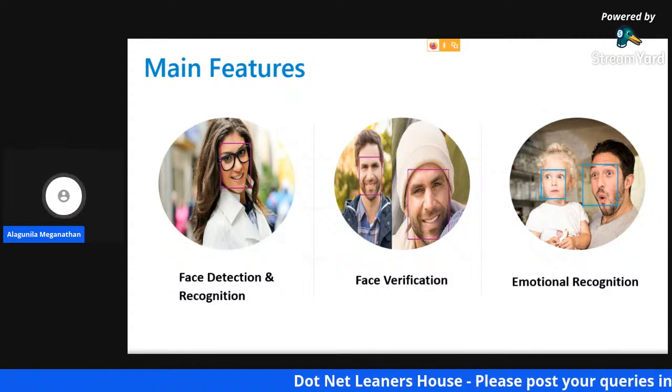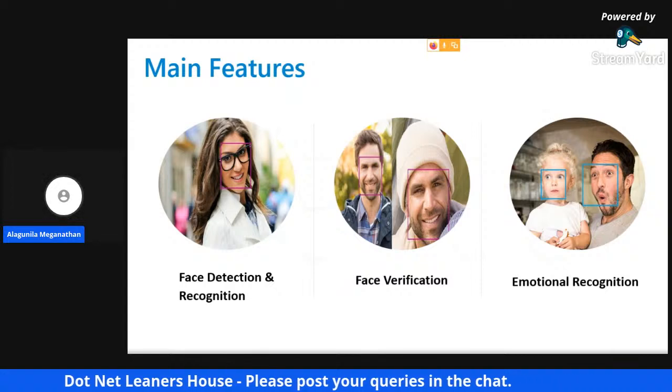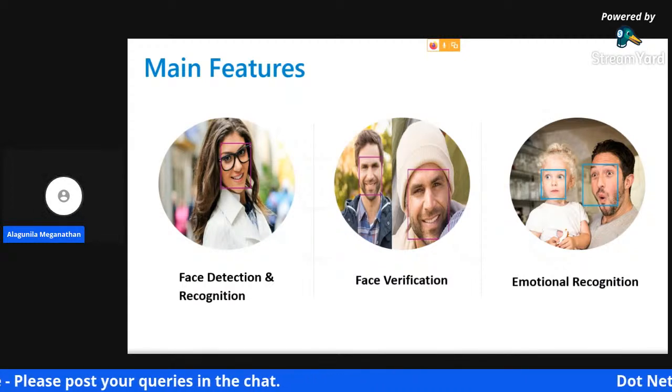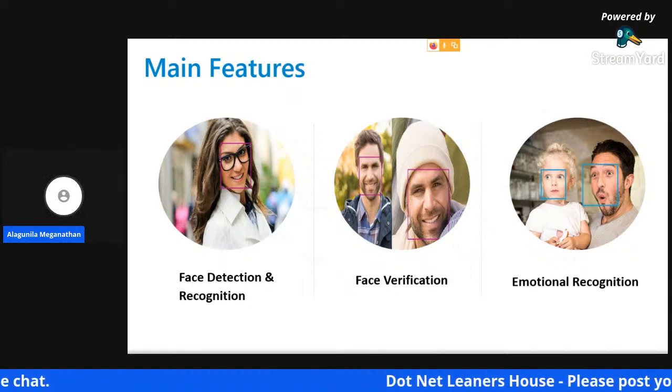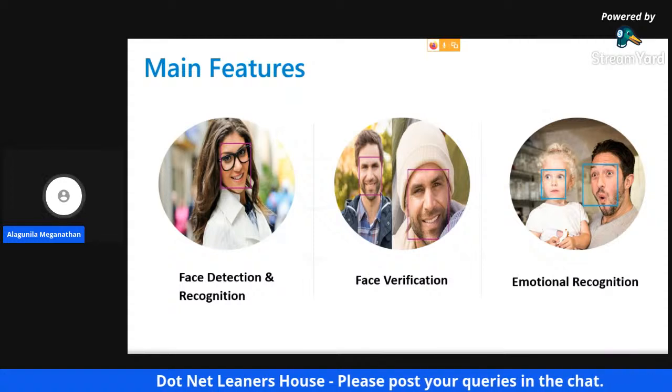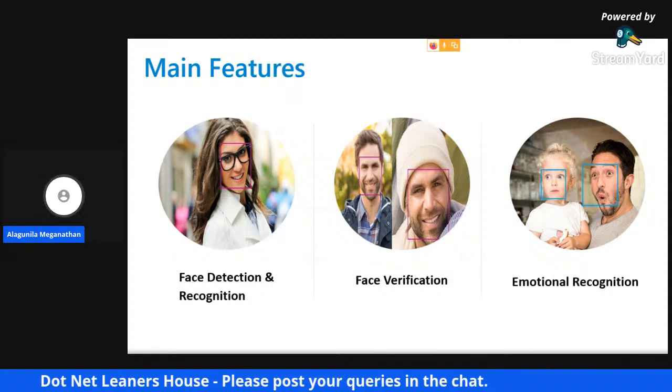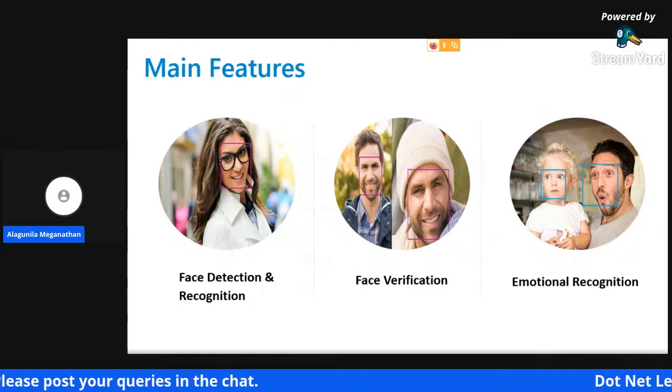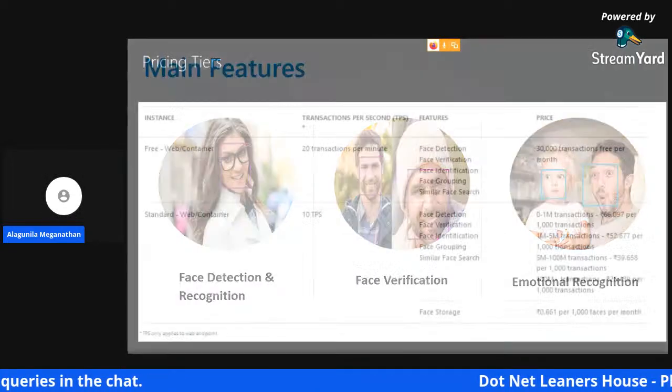The application asks the driver to take a photo, and the current photo is compared with the already saved photo. If both faces are the same, it says that it is a safe ride. And we can also get emotion recognition, so we can easily capture the emotions of the persons in the images.